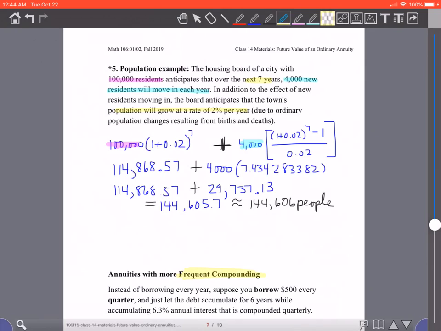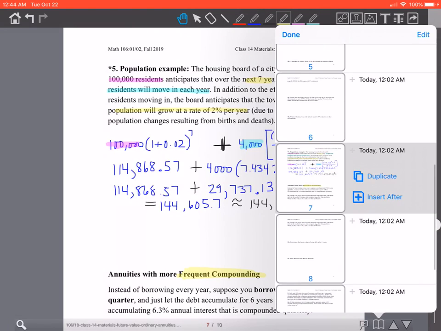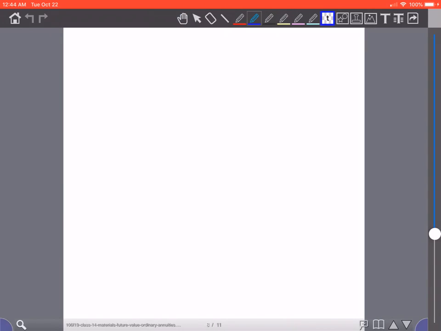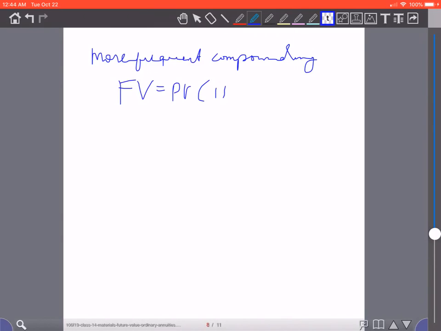Okay, so I'm just going to put a blank page up briefly. Again, really quick, just put up a blank page. When we had more frequent compounding in our regular compound interest formula, what parts needed to be compounded?